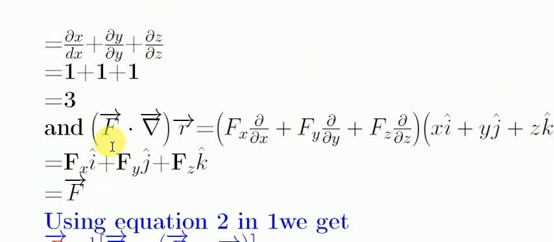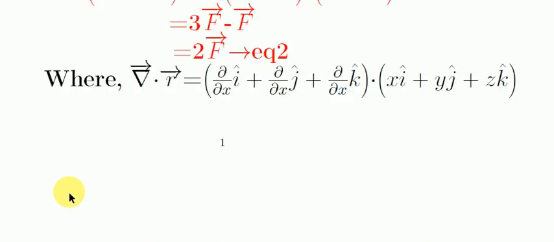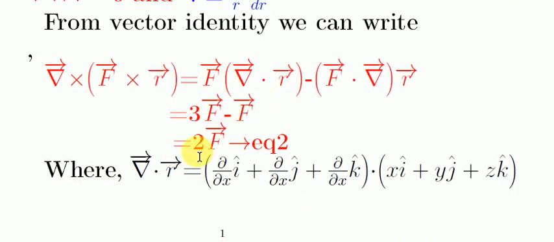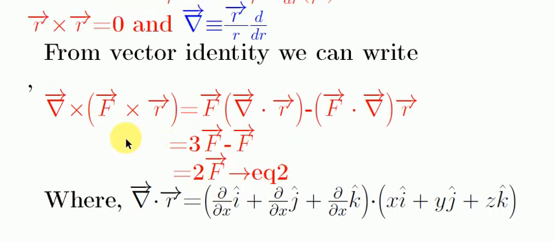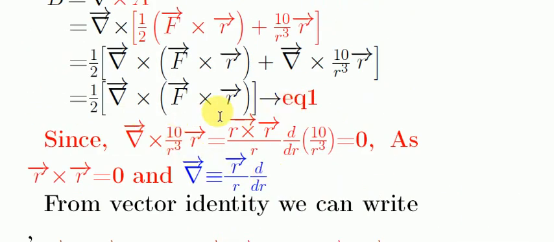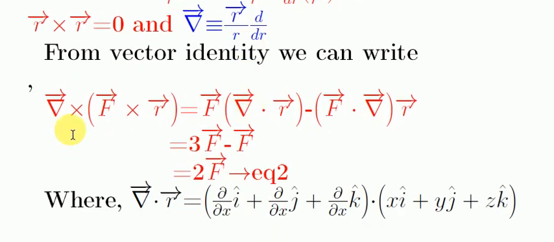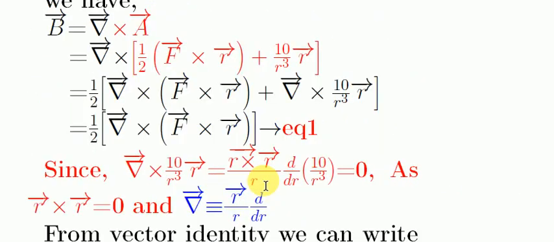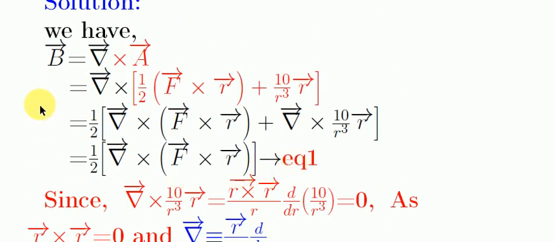So if we use this here, we get this term equal to 2F, and this is equation 2. Now if we use equation 2 in equation 1, in place of del cross (F cross r) we use 2F, and we can easily get the value of the magnetic field.